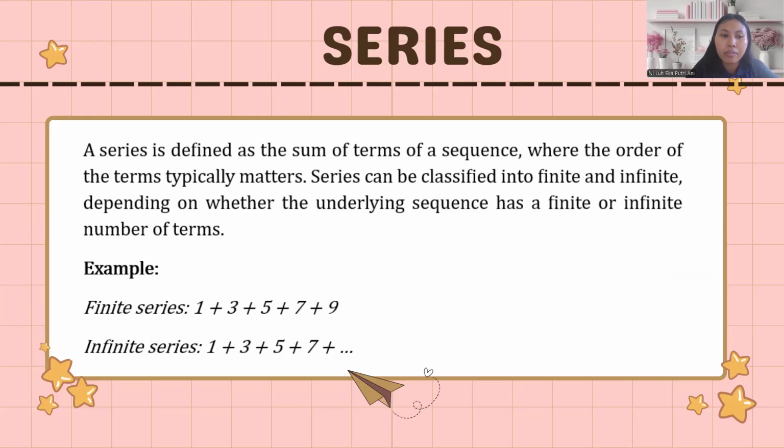An example of a finite series is 1 plus 3 plus 5 plus 7 plus 9, and an infinite series is 1 plus 3 plus 5 plus 7 and so on.